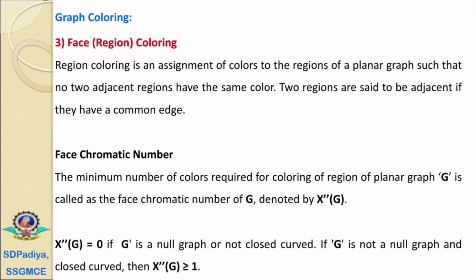X double dash of G is equal to 0 if graph G is a null graph or not a closed curve. But if the graph G is not a null graph and it is a closed curve graph, then the chromatic number should be greater than or equal to 1.